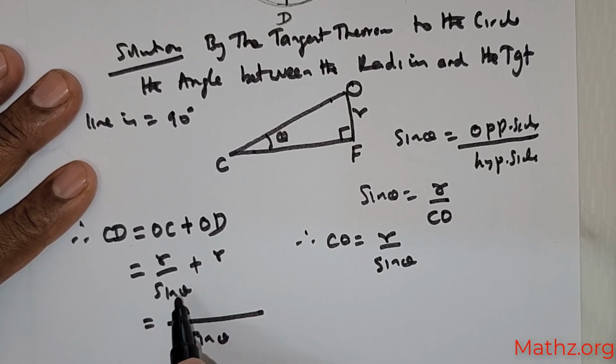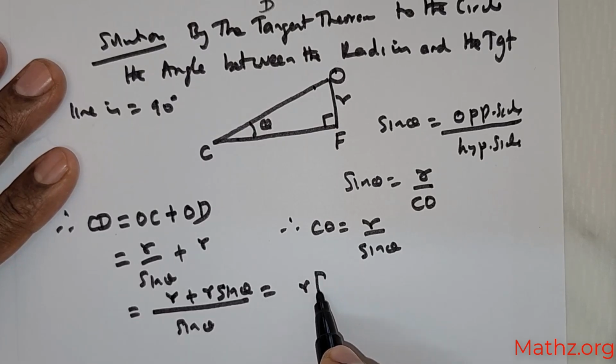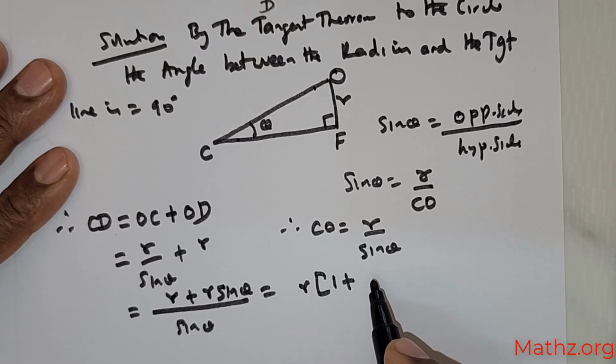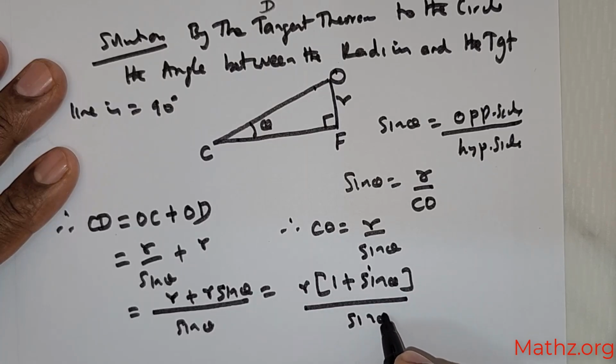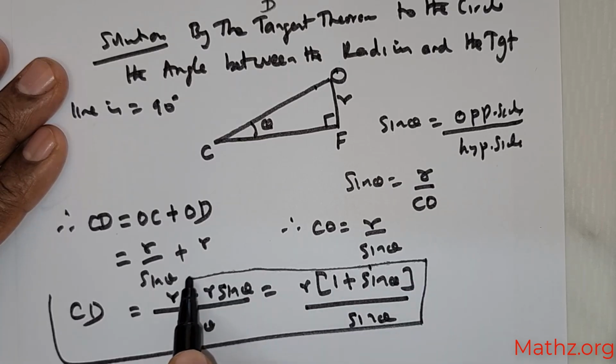I would get R here plus R times sine theta. This can be rewritten as R of 1 plus sine theta divided by sine theta, which is my CD. So this is the solution, and that is the requirement.